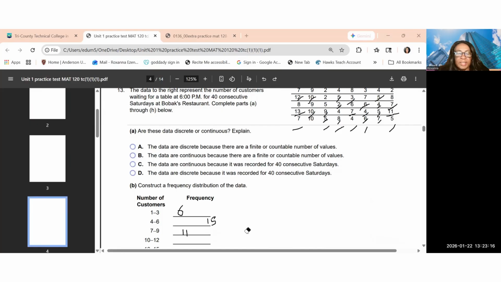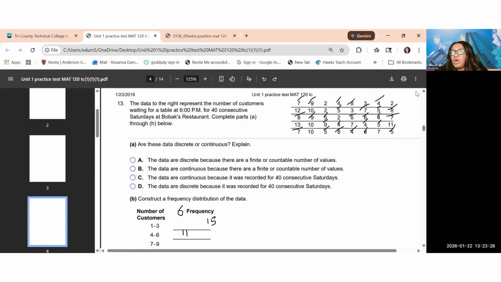All right, 10 to 12. How many numbers are between 10 and 12? All of them are discrete. There is no decimal here.